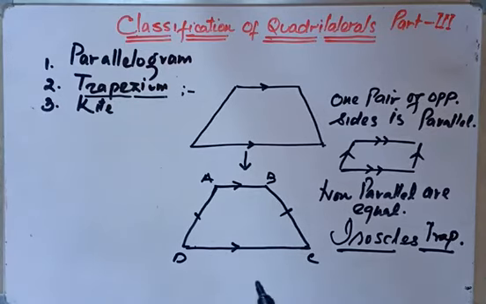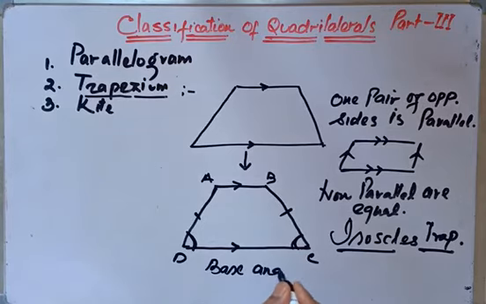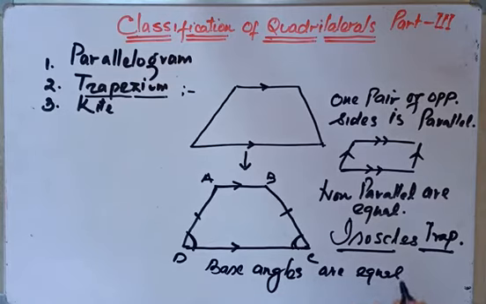There are some more properties of an isosceles trapezium. The base angles, that means angle ADC and angle BCD, are equal. Base angles means the angles formed by the larger parallel side with the two non-parallel sides.